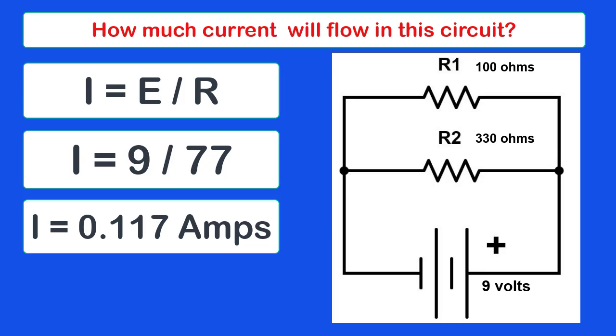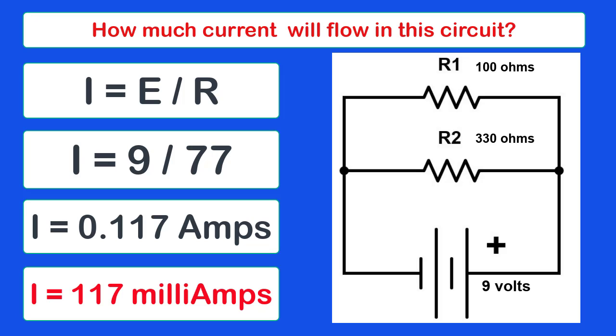Many times in electronics, instead of saying 117 thousandths of an amp, we say 117 milliamps. So 117 milliamps is the same as saying 117 thousandths of an amp.